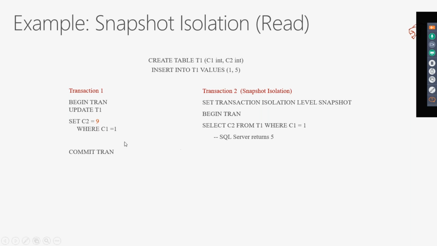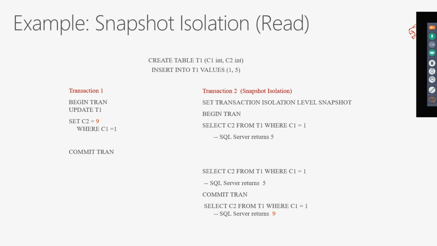Now, if I commit my transaction 1, the blue row is now 1, 9. That is committed. But if I run the same query under snapshot isolation, guess what it will return? It will return 5, because at the beginning of the transaction, the state was red for this row.